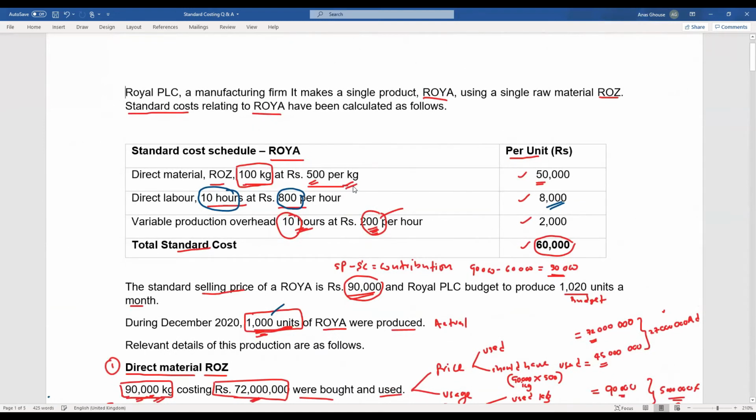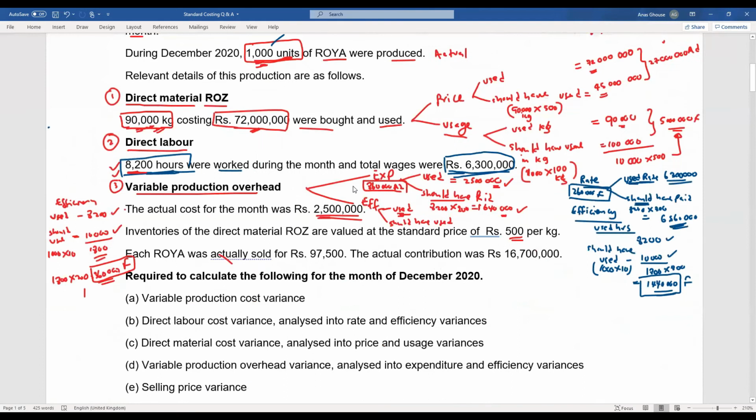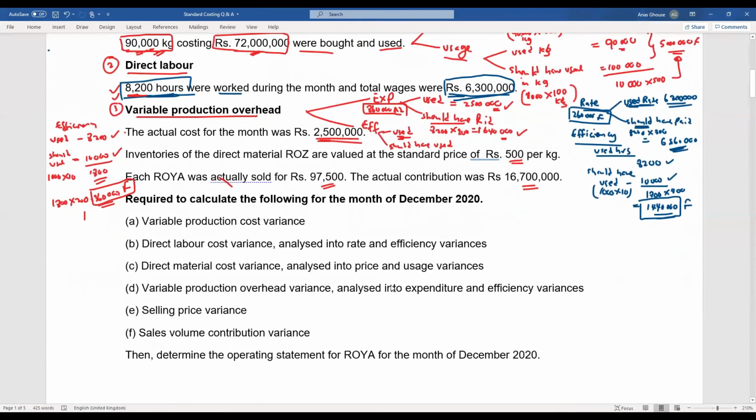Each was actually sold for 97,500. The actual contribution was 60,700,000.